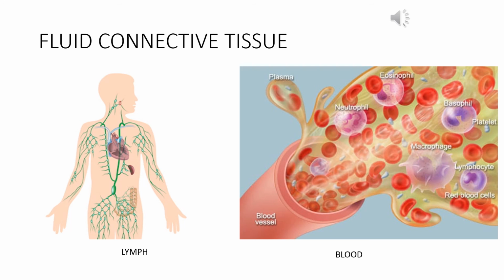Lymph is very similar to blood. If we subtract the different types of blood cells like platelets and RBC from blood, then we are only left with plasma and the WBC. So the plasma and the WBC minus the RBC and the platelets is known as lymph.